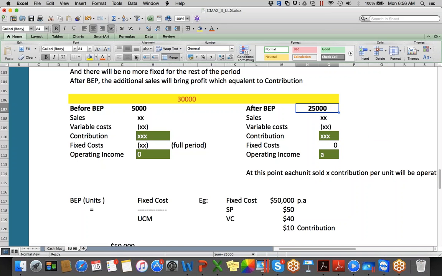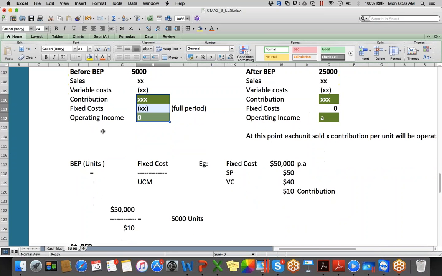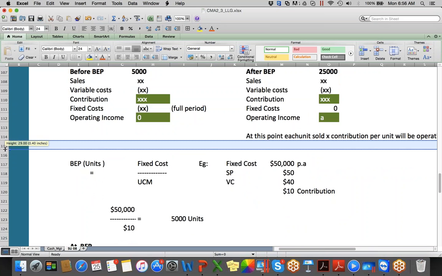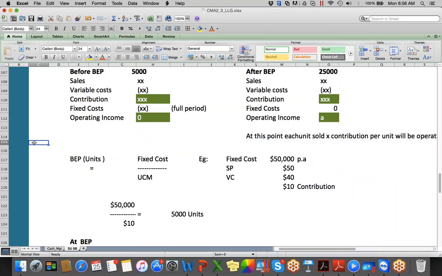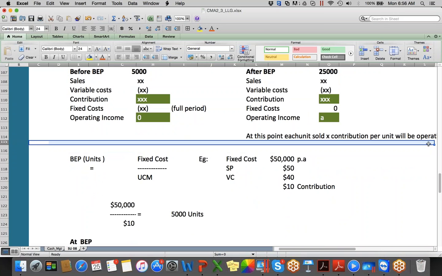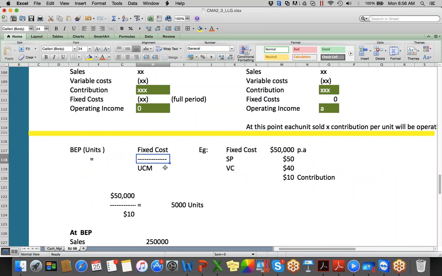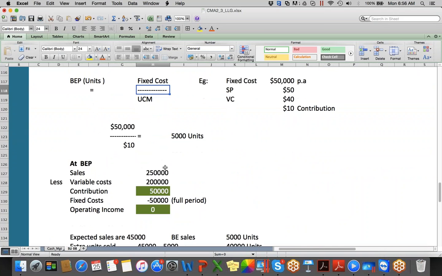Clear? Any unit which you sell over and above 5,000 units will fetch profit. Okay. So this is what we are going to find out, that what amount of profit we will get above the break even, what amount of loss we will suffer from when you sell below the break even. Okay, for that you need to know the break even point formula.